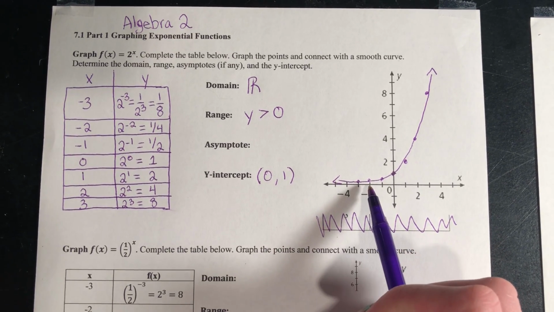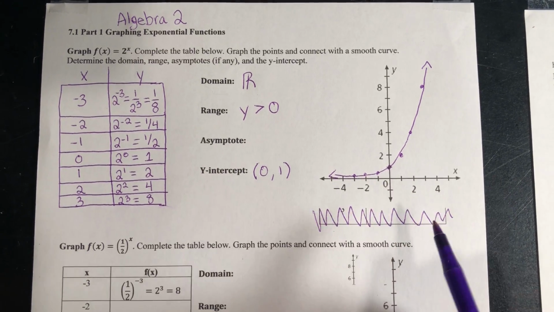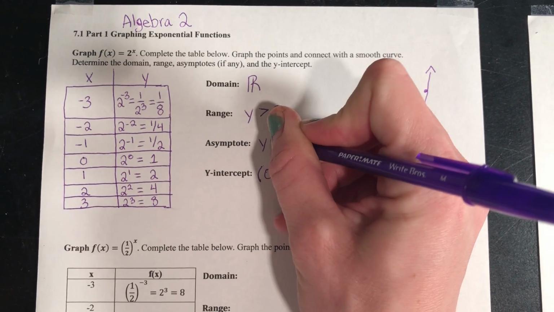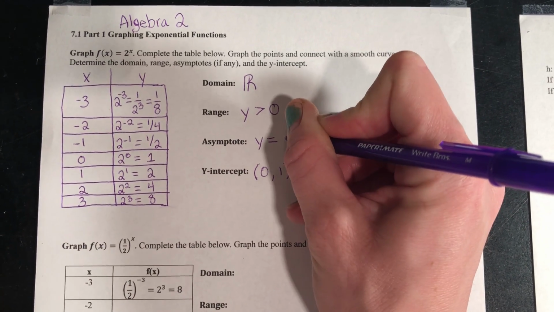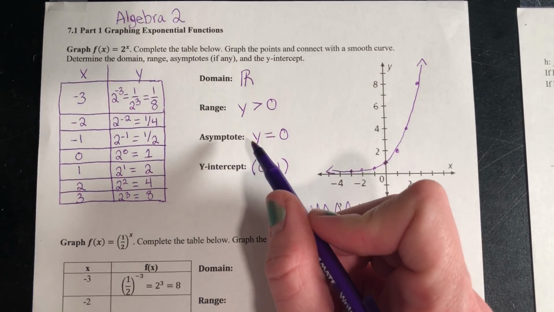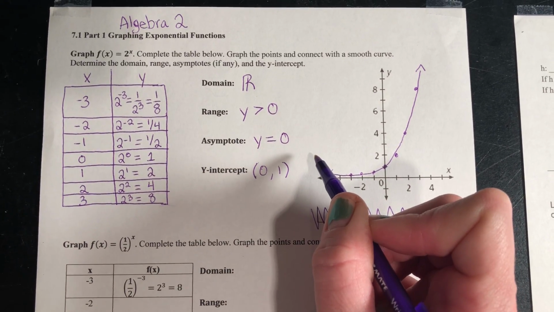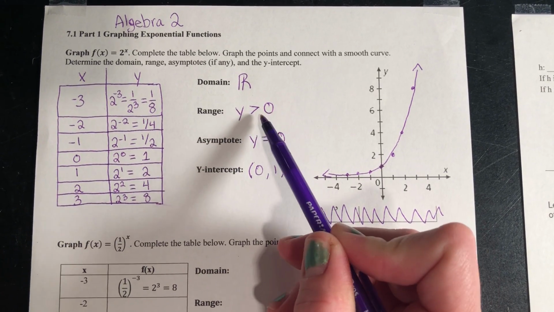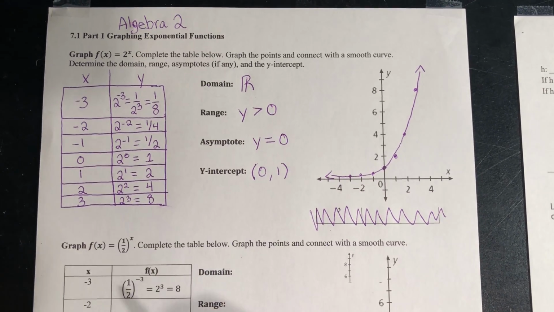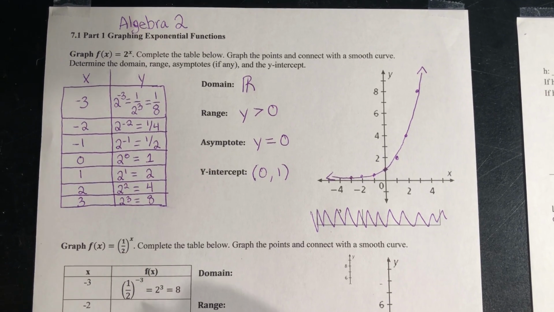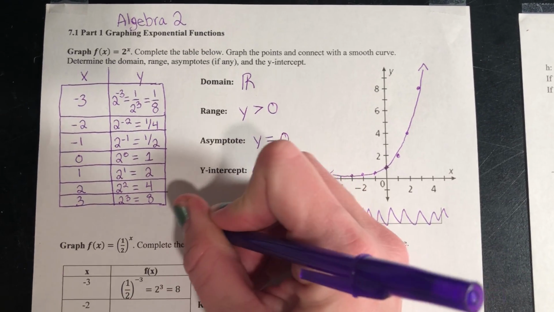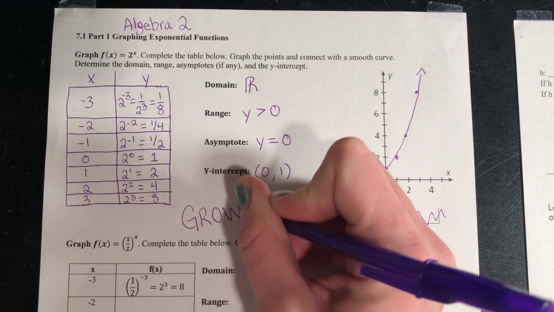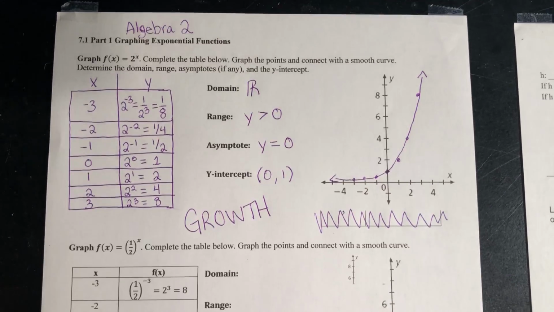Well, like I said, it gets really close to 0, but it doesn't actually touch it. So y cannot be 0, so there's an asymptote at y equals 0. That's why y has to be greater than 0, but not equal to it, because there's an asymptote at y equals 0. All right, so this is what we call a growth function.